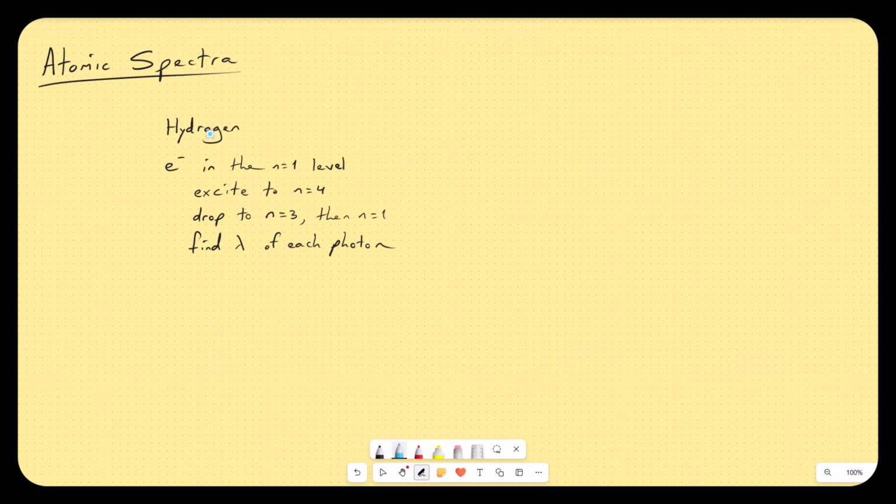What I know right away, this is hydrogen, so I know I'm looking at a Z of 1. I would like to say my energy levels are negative 13.6 eV times Z squared over n squared.